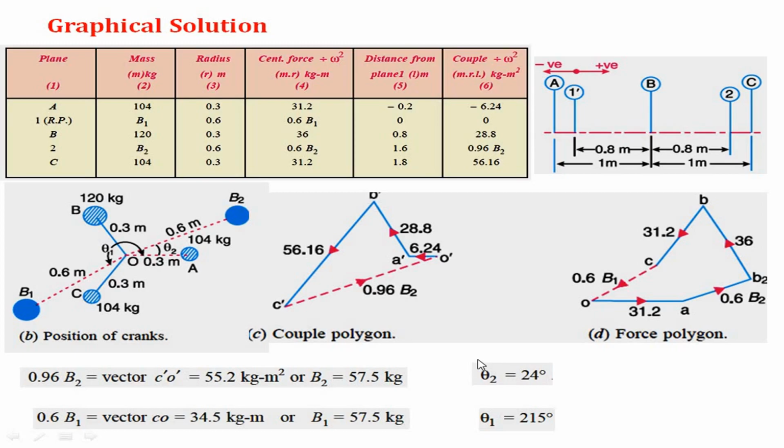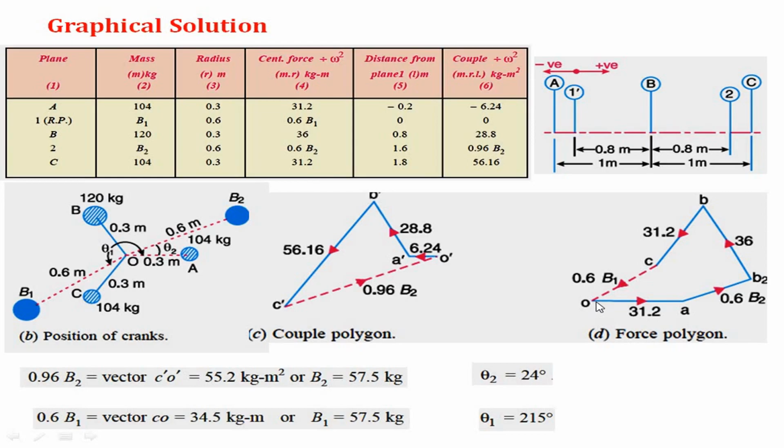By measuring that angle, we get theta 2 equal to 24 degrees, and by using a scale, we get B2 equal to 57.5 kg, right? So this B2 value can be further replaced in this column where 0.6 B2 is there. So we'll have 4 known terms and 1 unknown term. These centrifugal forces are to be represented by a force polygon, right?